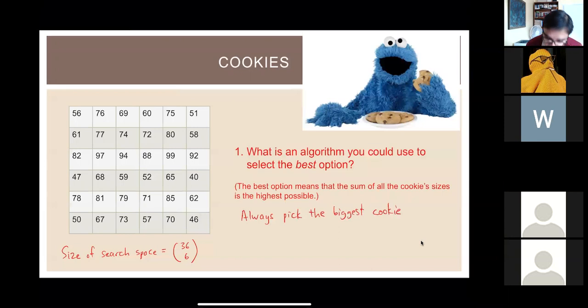And so we'll build up our solution by taking one cookie at a time greedily. We just keep picking the biggest one out of those remaining. So what's the first cookie that we're going to take in this particular example?